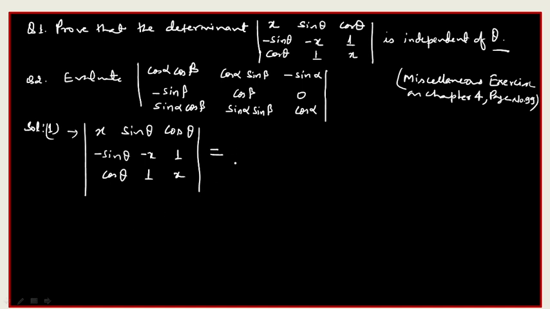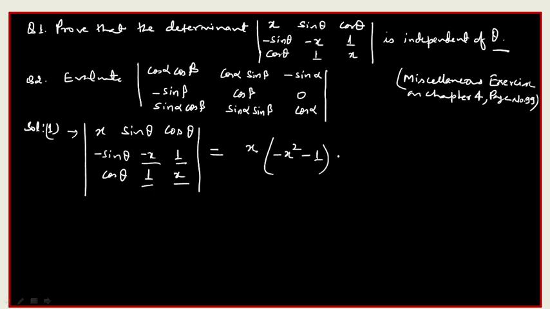So let us evaluate. With the first element x, we multiply this minus x and this x. So minus x into x gives minus x square. Then this one and this one, with a minus in between, and 1 into 1 is 1, so this will be minus 1.